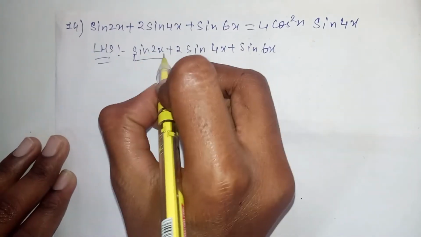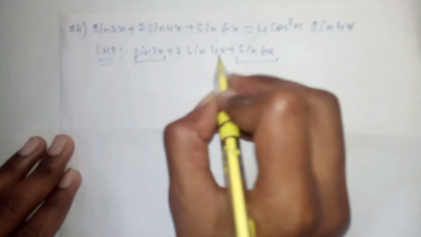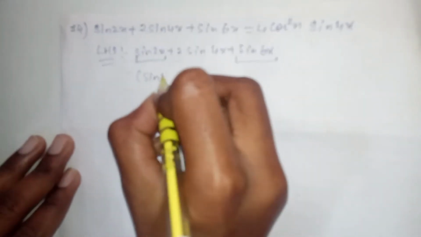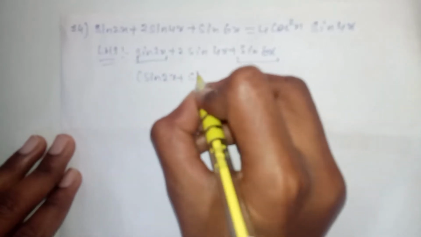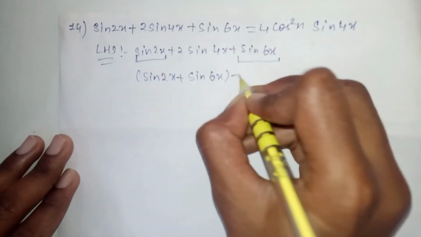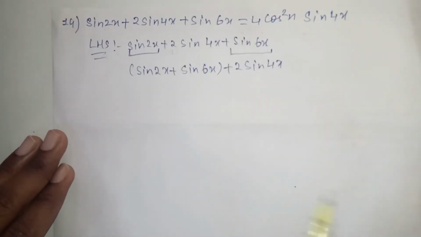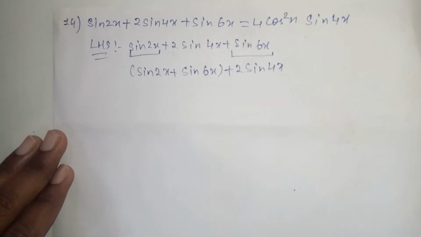First, what we are going to do is take sin 2x plus sin 6x, and keep this aside, and plus 2 sin 4x. As I have said, we have one formula, sin a plus sin b. Let's apply this formula, okay?